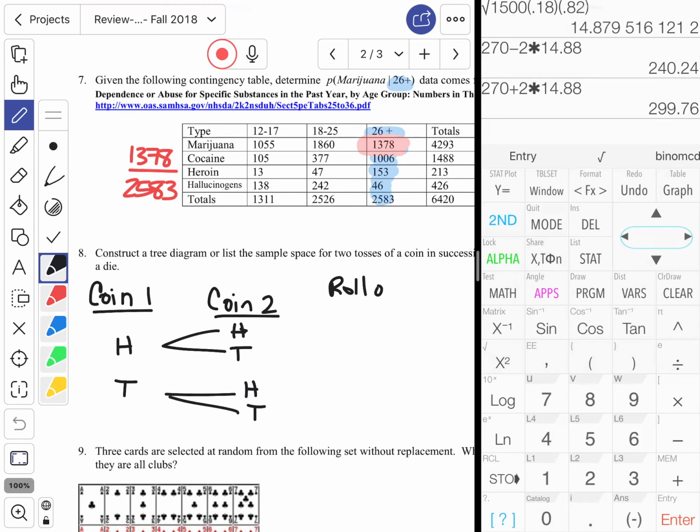So roll of a die. So it's going to get ugly. So that's one of them. Then we got to get 6, 6. 1, 2, 3, 4, 5, 6.